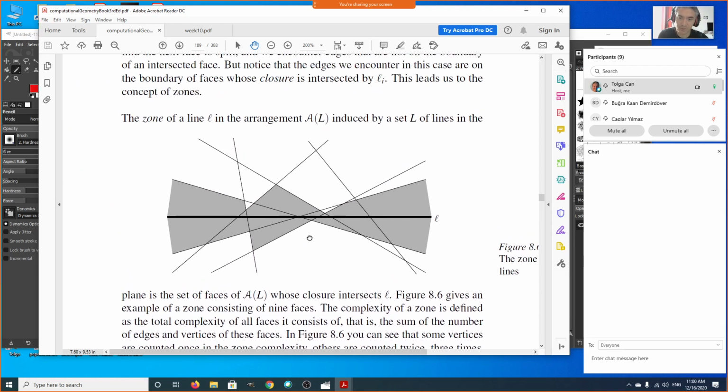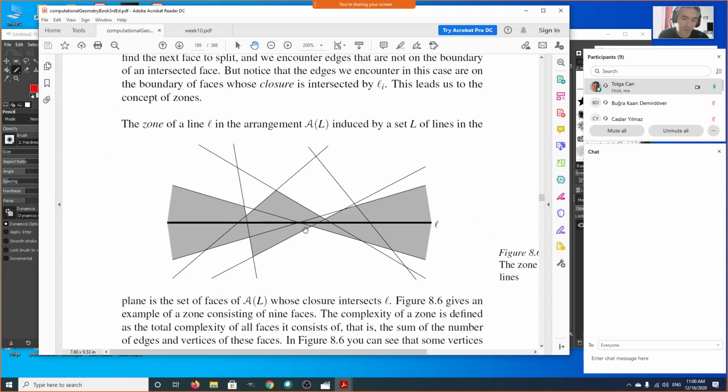So, let's first define what a zone is. The zone of a line is the union of faces and edges that it affects. So the zone of a line is the complexity of that intermediate step in the incremental algorithm when we are inserting a new line. Without loss of generality, we can assume that this line is the same as the x-axis.